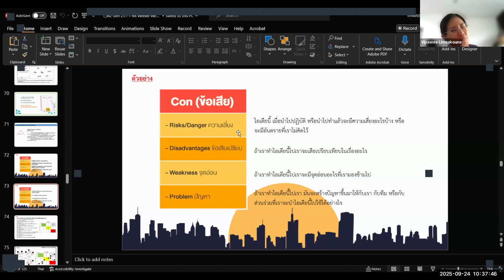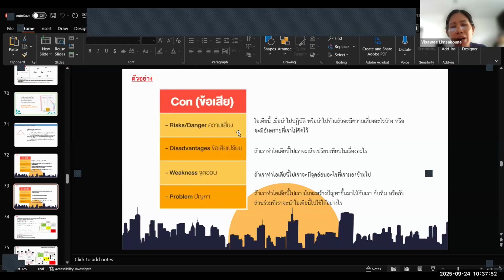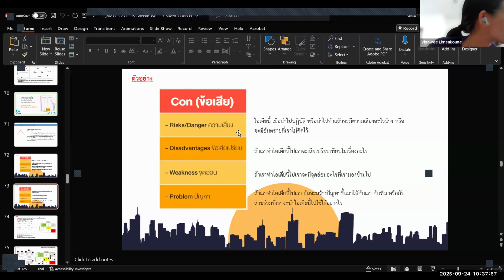Danger is about safety, which is very important. I would like to give you two examples. The first one is when I was a graduate student doing research in the lab, I needed to use a glove box. Some of you might not be familiar, some of you have heard about it. It's a box with gloves, and inside is an inert environment, like nitrogen gas, for example.